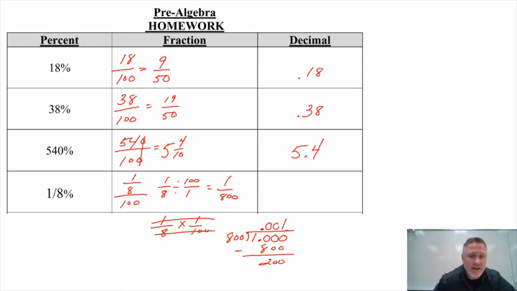Add another 0, bring it down. 800 into 2,000 is going to be 2, which will give me 1,600, right? And then add another 0, bring it down, and 800 into 4,000 is 5, and that terminates. So the decimal is 0.00125. Okay, that was a tricky one.